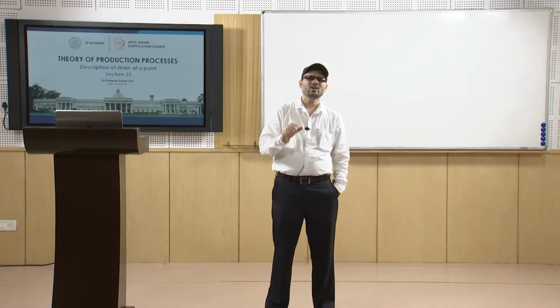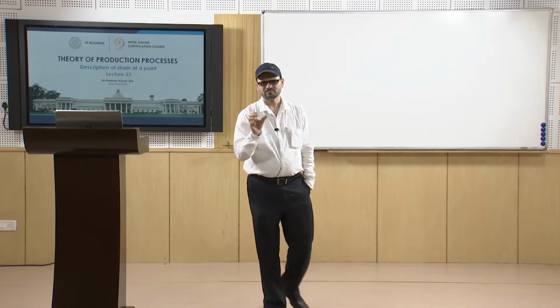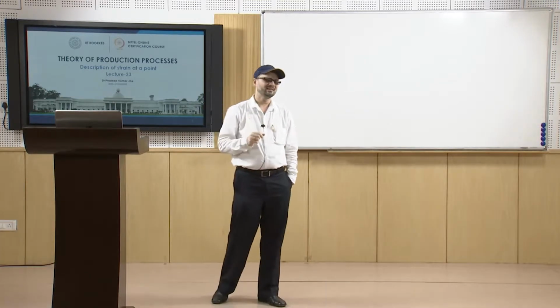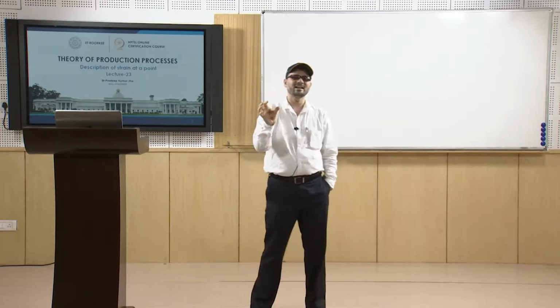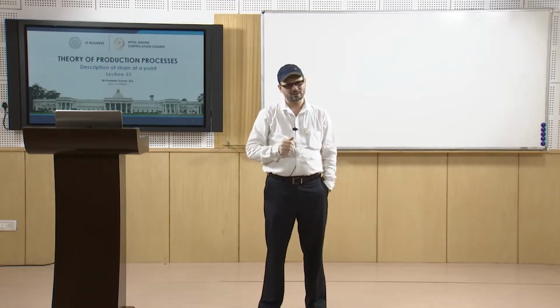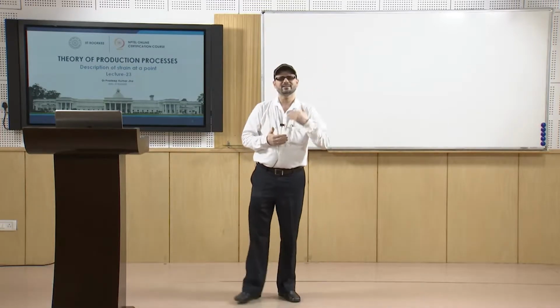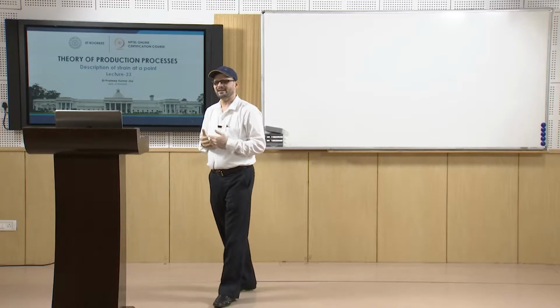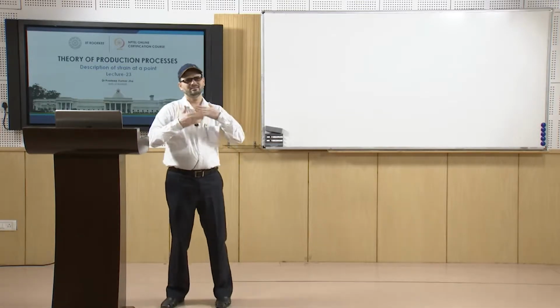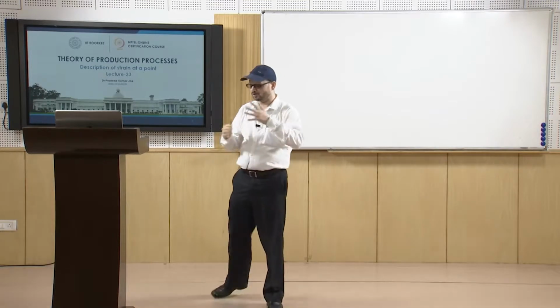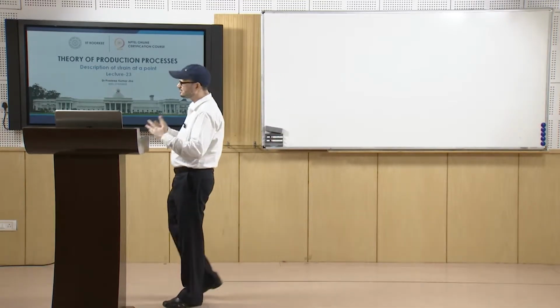That way you get the change in length divided by the original length, and you get the strain in x direction as dou u by dou x. So a strain component may be defined in the x direction, epsilon x, which will be dou u by dou x.